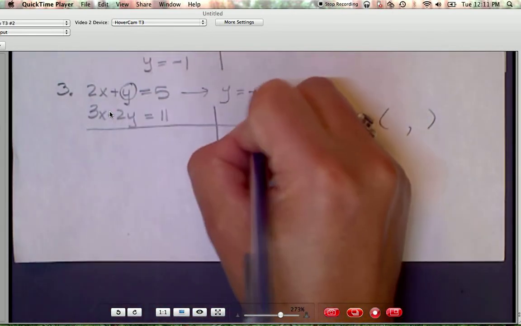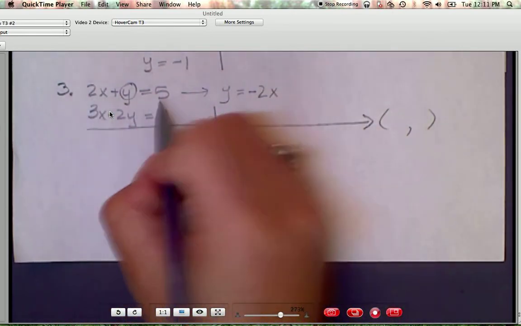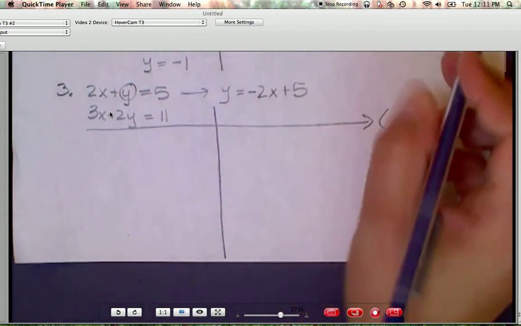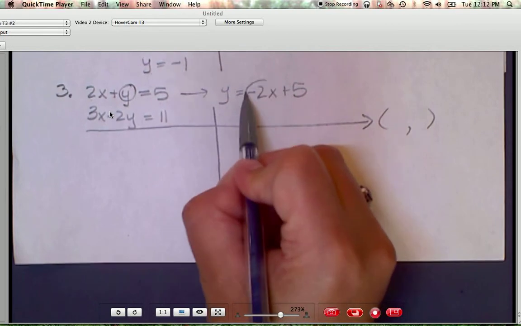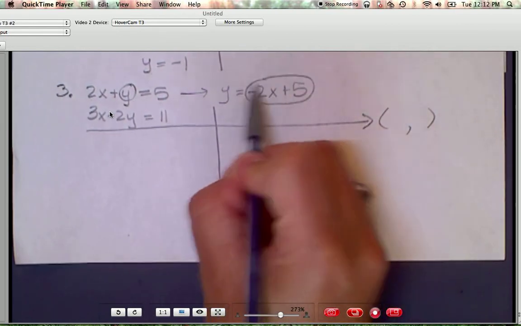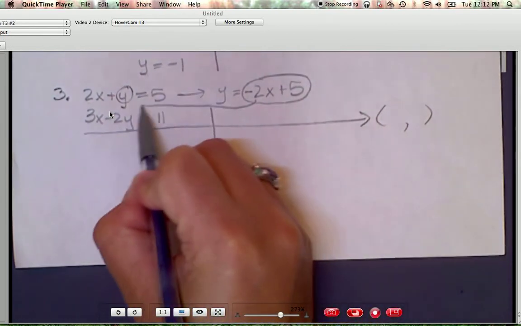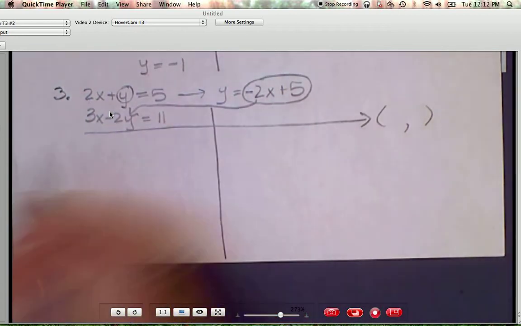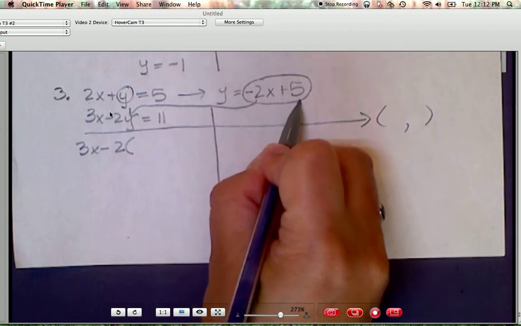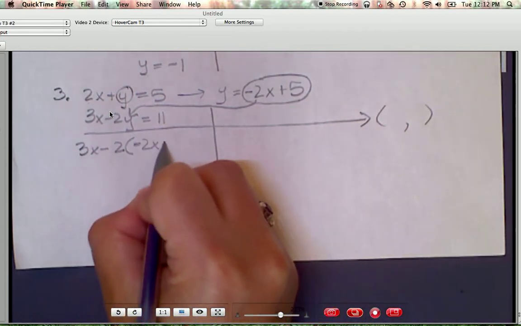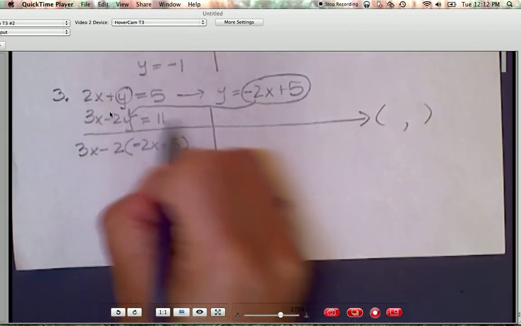So when we subtract 2x from both sides, we get negative 2x plus 5. Now, take this expression. Since we know it's equal to y, we can plug it in place of y in the other equation. 3x minus 2 times this whole expression, negative 2x plus 5, equals 11.